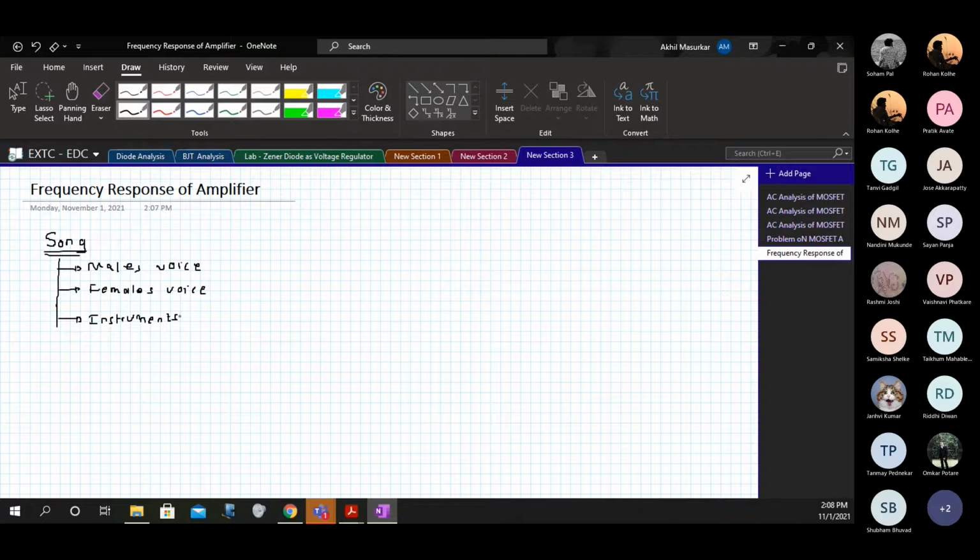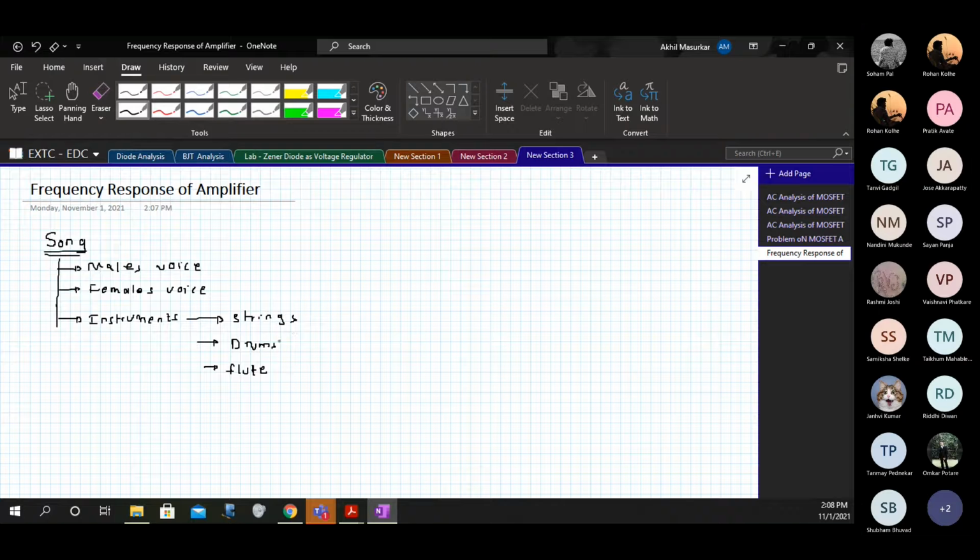In instruments we may have strings or drums or maybe a flute. Strings means there is a string and you are going to just stretch it and leave it.